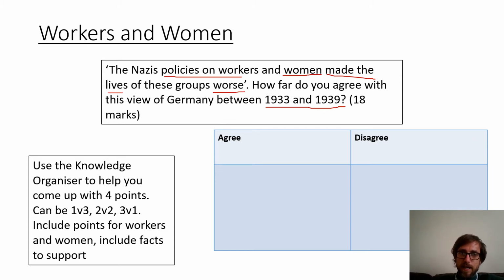So when you're doing it, you might think, for example, about women, and you can think about how actually lives did get worse for some women. So which might agree.